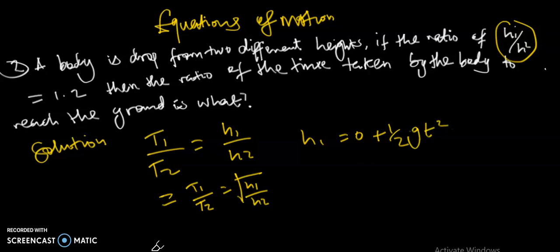If you don't know how we get this formula, kindly watch the previous video on the derivation of equations, tensions, and torques. So height 2 will be half gt squared.